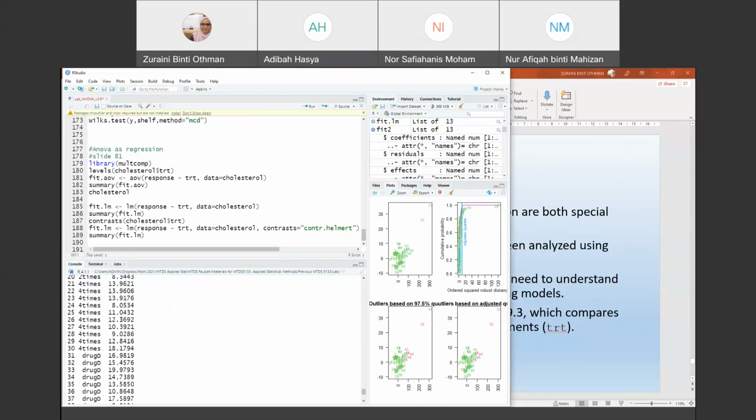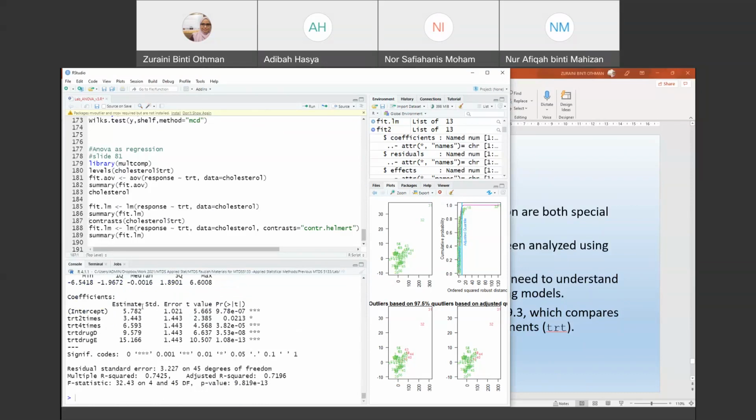Tapi kalau kita nak tengok dia more specific, we can use the linear model because here we see the contrast using the apa? Variable. Dia akan created, okay, by using the regimen with 2 time, regimen drug for 4 time. Okay, then R provides 5 built-in methods for creating these contrast variables.